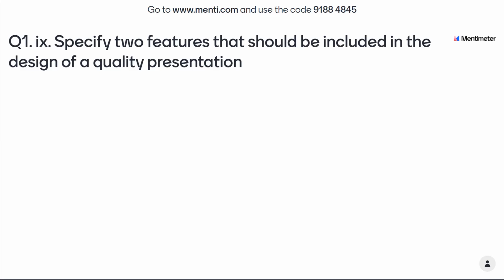When you're preparing PowerPoint presentations, for example, what things should you consider? That was the question.